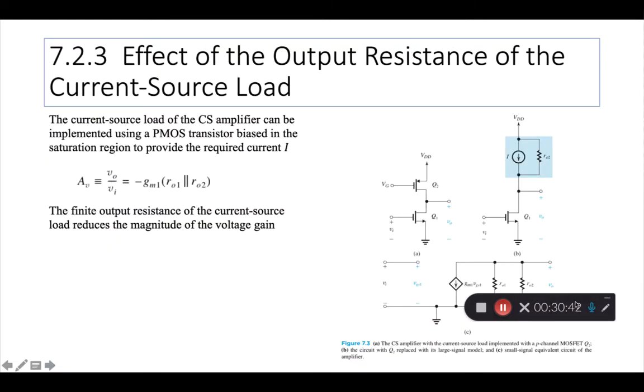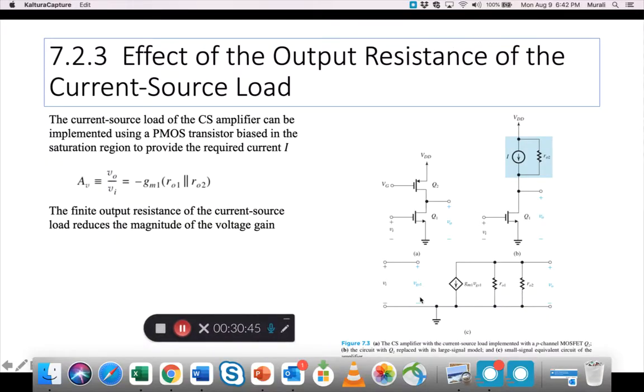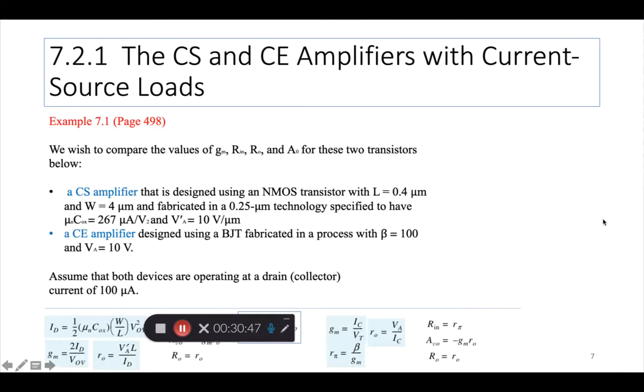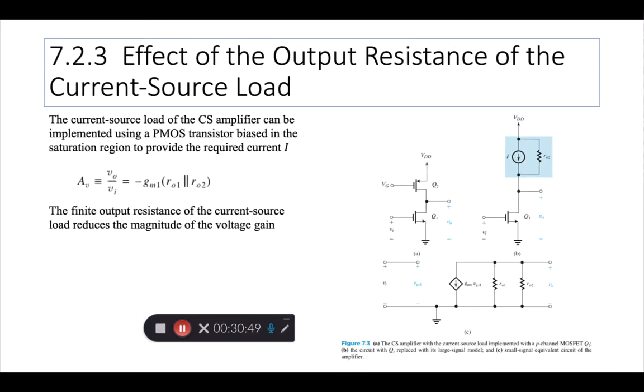But let's move on with the theory and look at the next slide, which is slide 8: effect of the output resistance of the current source load. So we said we are going to put a current source load, and that current source obviously isn't like magic.